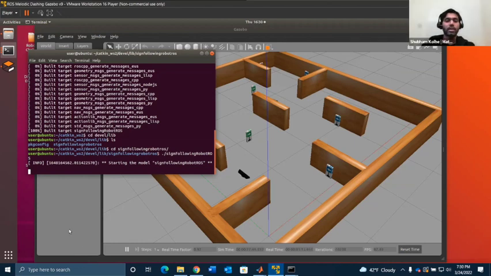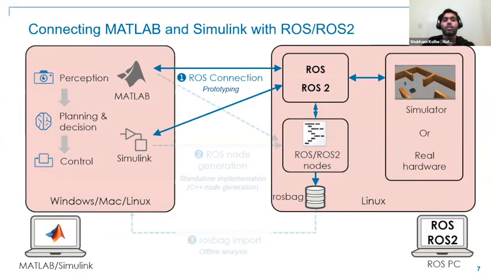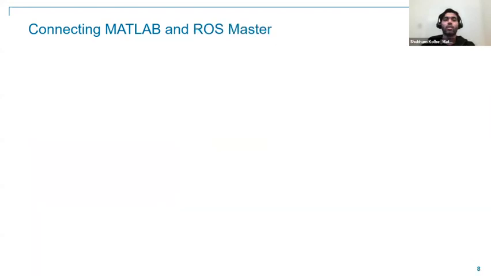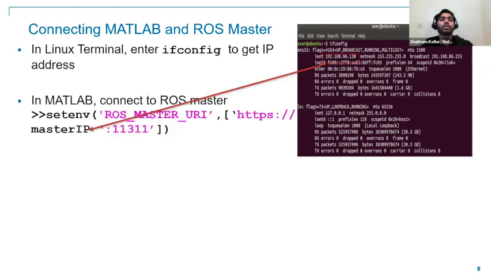So let's take a recap of what we have covered so far. We looked at how we can connect MATLAB and Simulink with our ROS workspace. To connect to the ROS workspace, you need two IP addresses. One is your ROS master IP address. We saw that we can use the command ipconfig and get it from your ROS terminal.